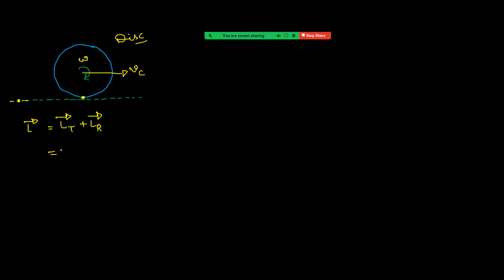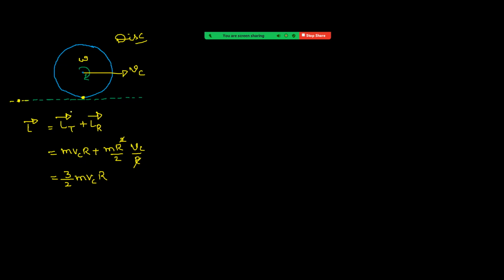Because of translation, M into V into R clockwise. Because of rotation, I omega, that is MR square by 2 times omega, and omega is V by R, meaning VC by R. Now see the value: MVCR by 2. The total is 3 by 2 MVCR.